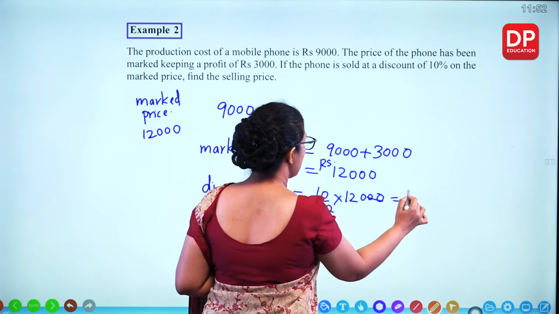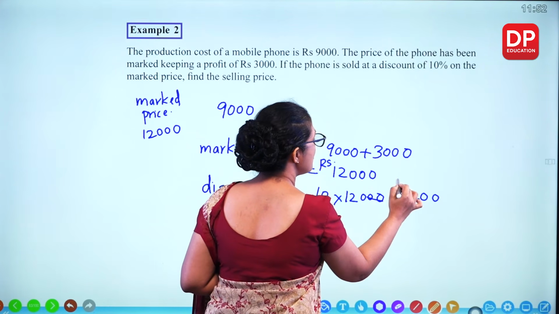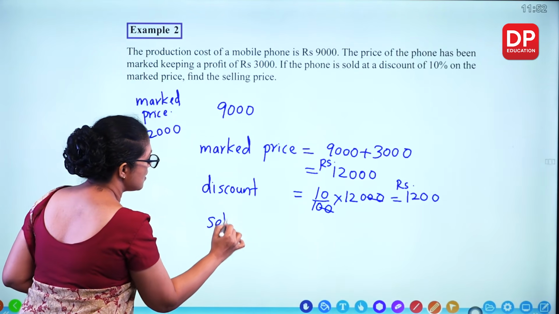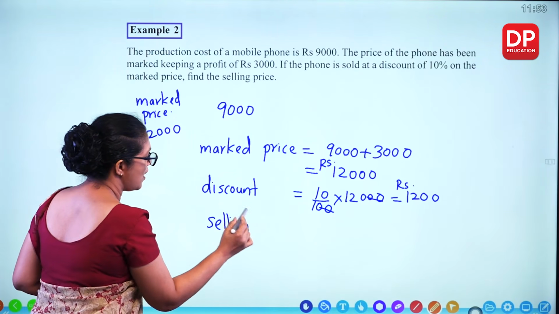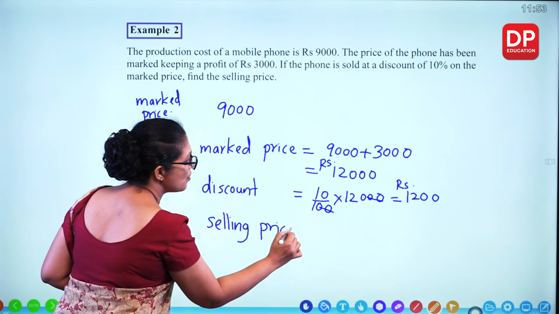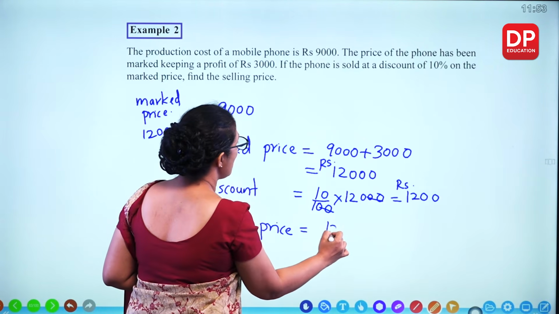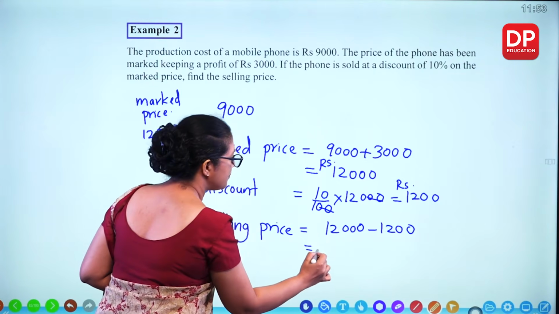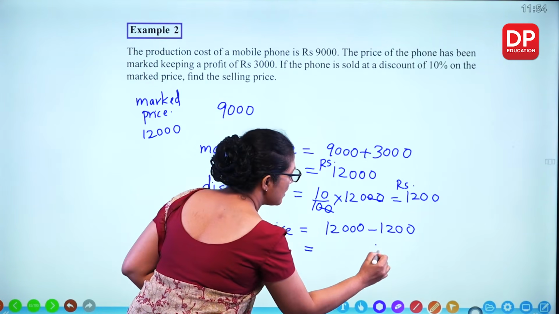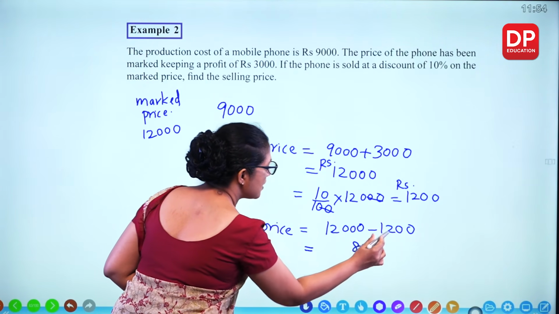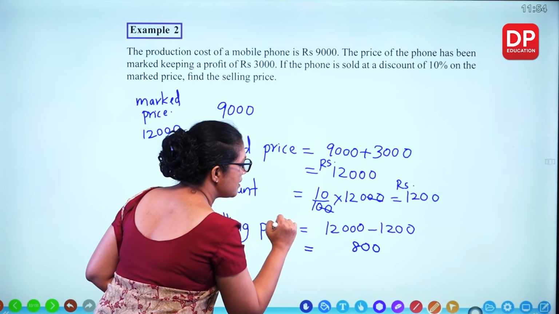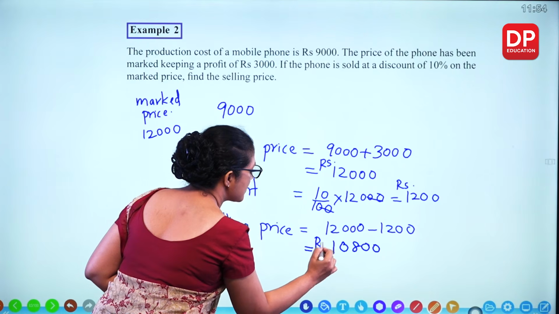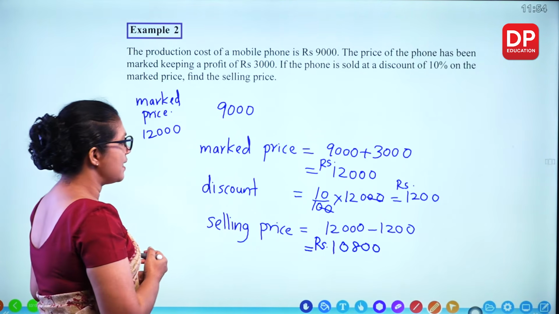That means 1,200 rupees. So what's the selling price? You have to subtract this value. Selling price is equal to 12,000 is the marked price minus 1,200. Now subtract. You get here 8 and 1 remaining, that's 2. So 10,800 rupees. That's the selling price.